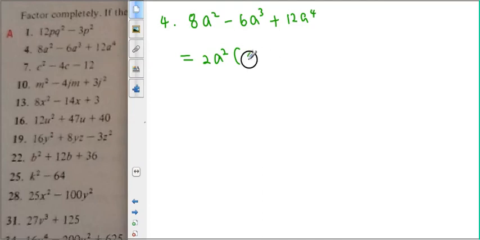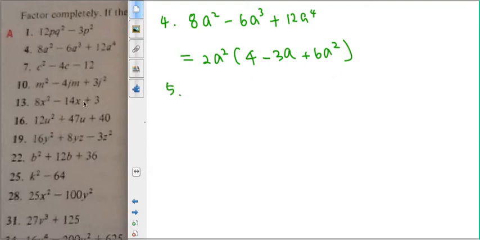Then what's left here is 4, negative 3a, and then the last one seems to be plus 6a squared. Now, same story as the previous one. There's no other way for us to get negative 3 as the middle number when you multiply the factors of 4 and the factors of 2, because they all have to be the same sign. So therefore, this becomes our answer.